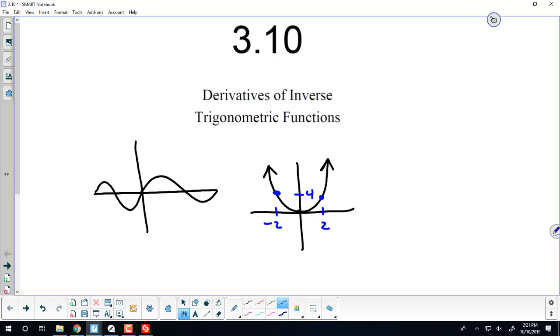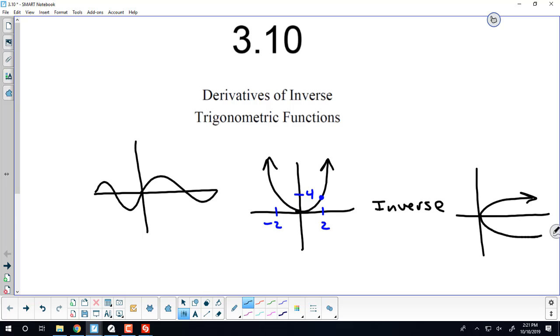So we said with functions like x squared or sine or cosine that weren't 1-to-1, we had to restrict their domain so that they were 1-to-1 before we talk about the inverse function. Because we can take the inverse of x squared, but what we're left with is something that's not a function, and we don't want to deal with those things because they're not functions. So the same idea applied to our trig functions.